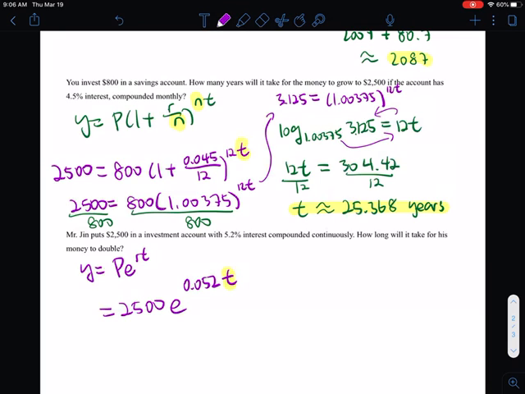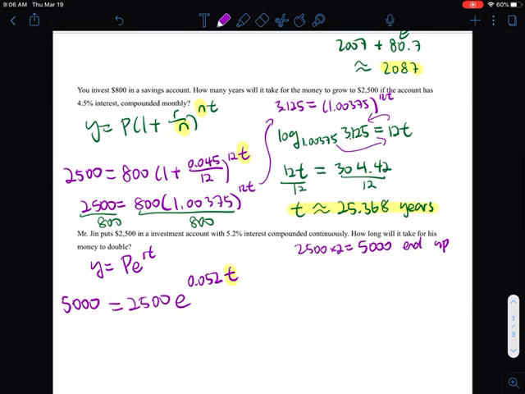So if I want my money to double, and I'm starting at 2,500, that means I want to end up at 5,000, right? Because 2,500 times 2 is 5,000. So I want to end up with $5,000.